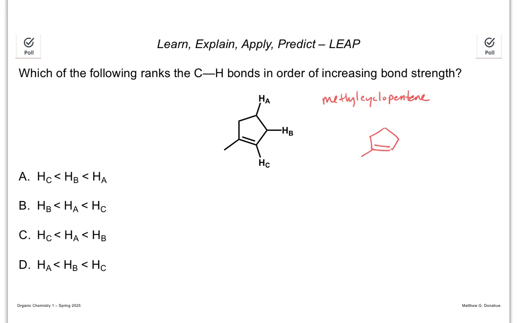And of that, I've picked out 3 unique types of hydrogen, so HA, HB, and HC. And the question is asking you to order them in terms of increasing bond strength. So the weakest should be listed first, and the strongest should be listed last.